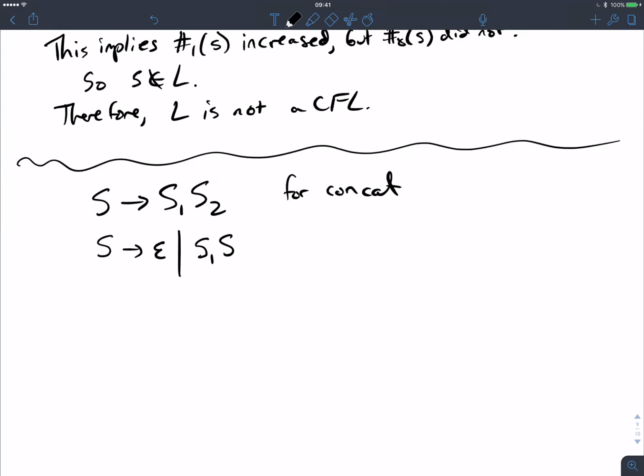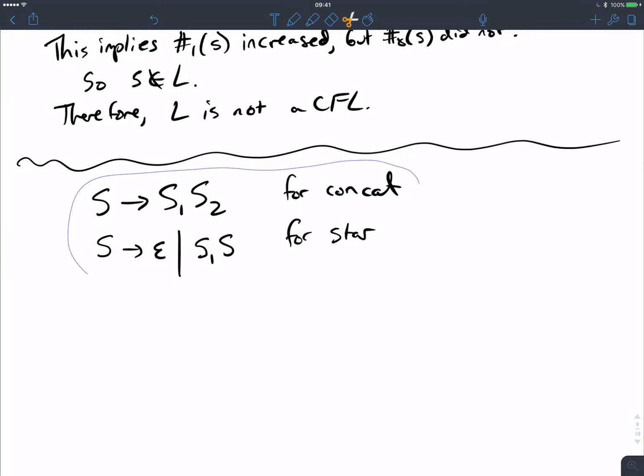So if S1 is the start variable of the grammar for whatever language we're considering, then we get closure under Kleene star by saying make the empty string or make something that the grammar would have already made and then go back and try again. So it's just like the NFA thing that we have done for star. So this is for star.